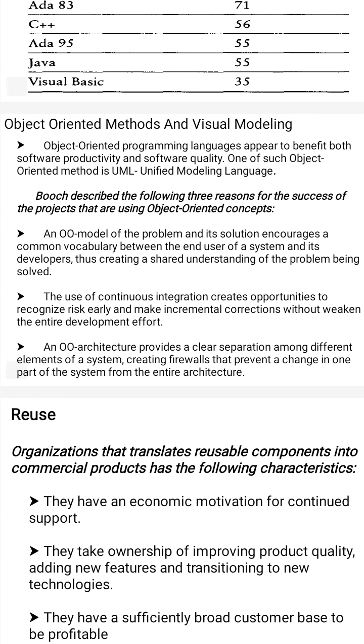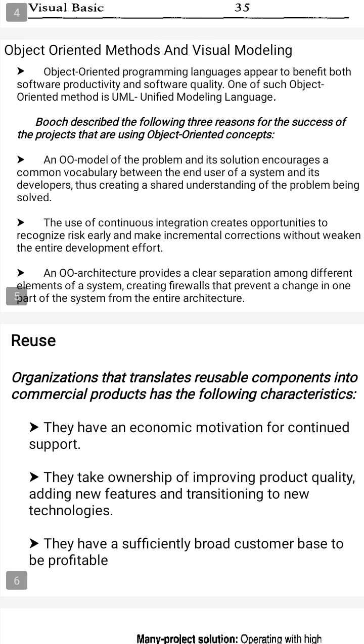So these are the three main benefits of using object oriented methods: a common vocabulary between end users and developers, continuous integration to identify risks early and correct them, and an architecture with clear separation among the elements of a system.